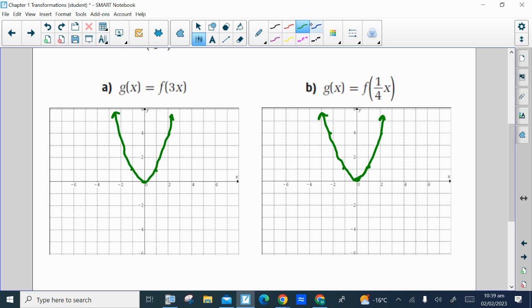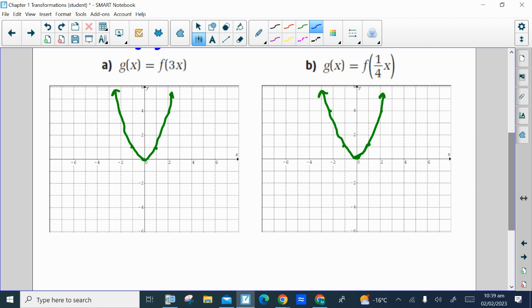So for this first one, our b value is +3. And so we've got to remember that that causes a horizontal stretch, and the stretch factor is the reciprocal of b.